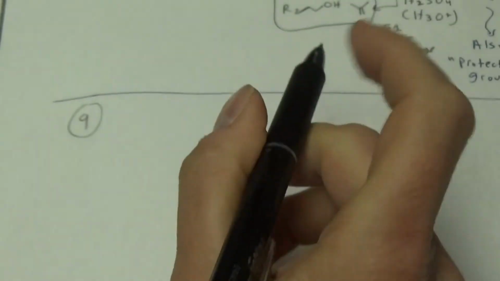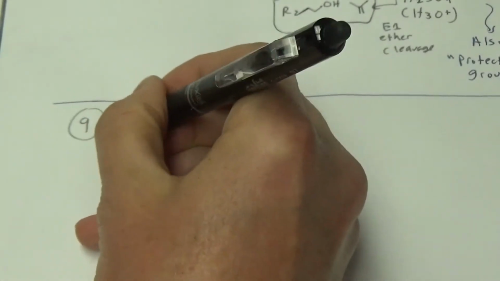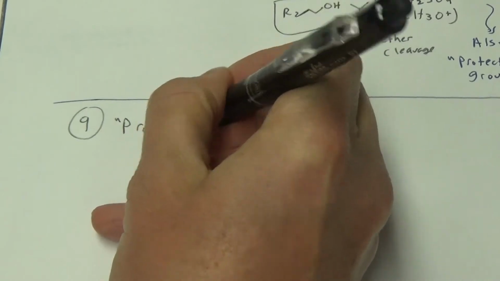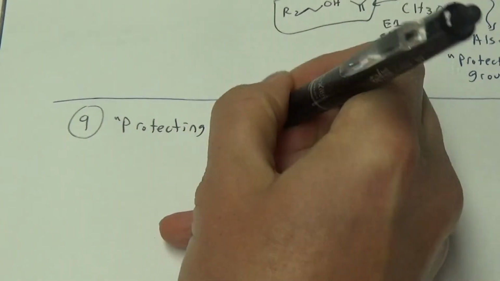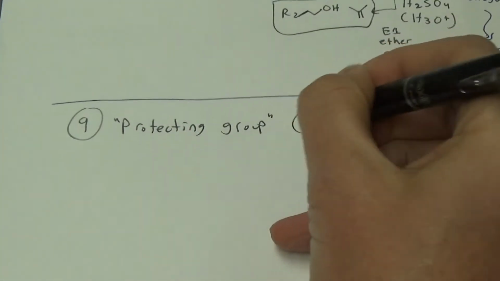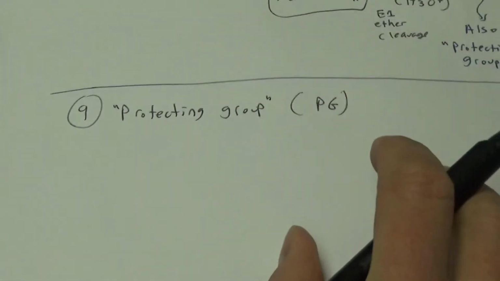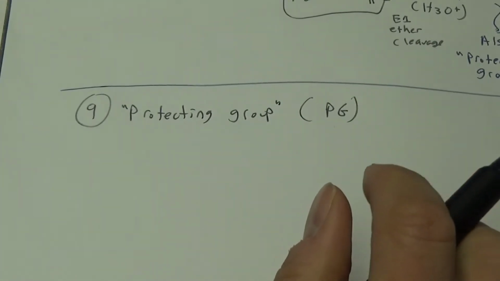Okay, protecting groups. What's a protecting group? This is topic number 9, or PG. PG is this concept that we're going to describe, protecting group.